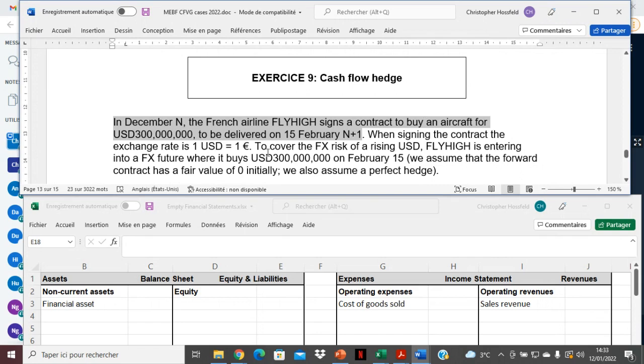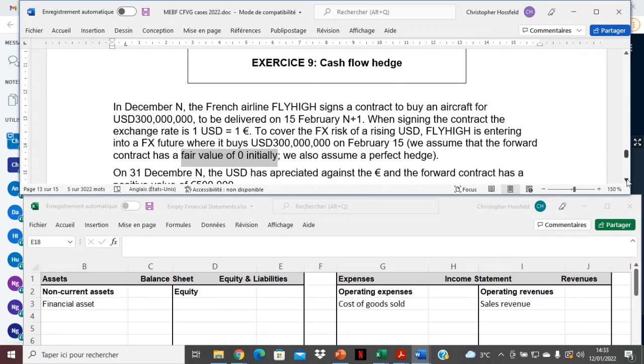Okay, but we also sign up for the future, the foreign exchange future, the currency future. Well, when I sign up for the future, it has a fair value of 0. That means there is no accounting entry to be done. Okay, therefore we are good.